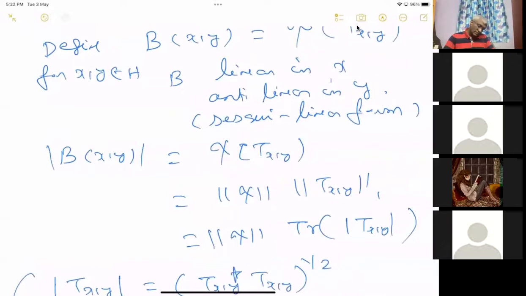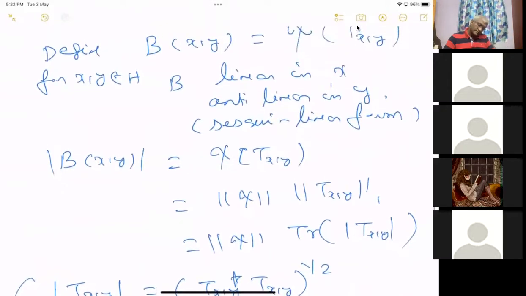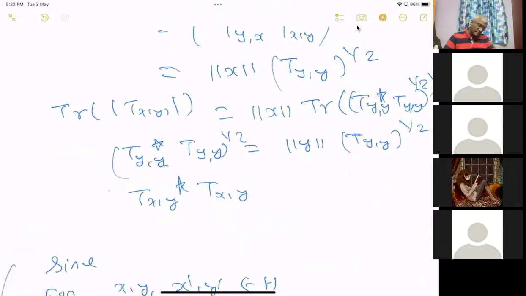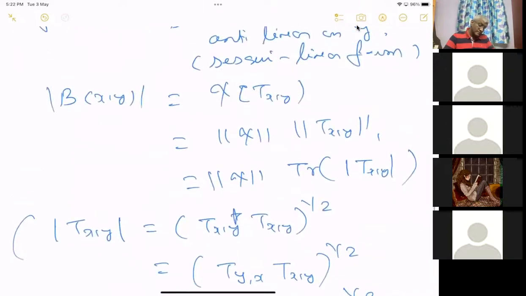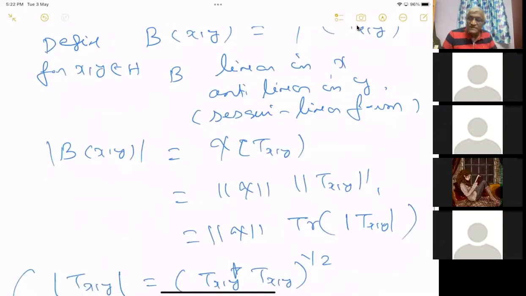Is there a square root? Exy. I'm making some silly mistake. I'm not able to find it out.